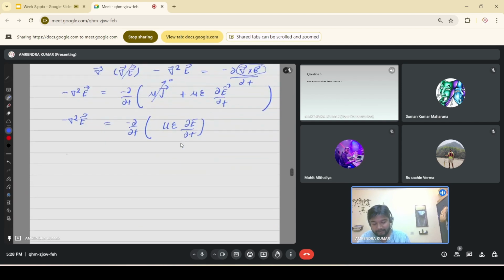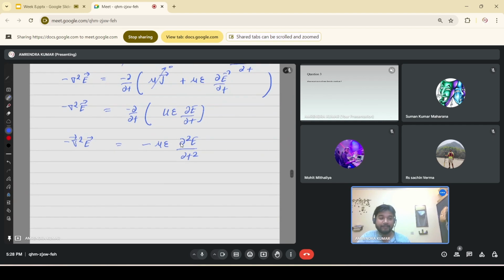So you can write minus del square E is equal to minus mu epsilon del square E over del t square. And we can see that this minus sign goes away from both sides.